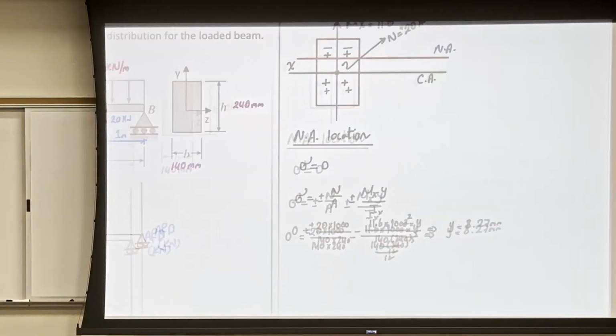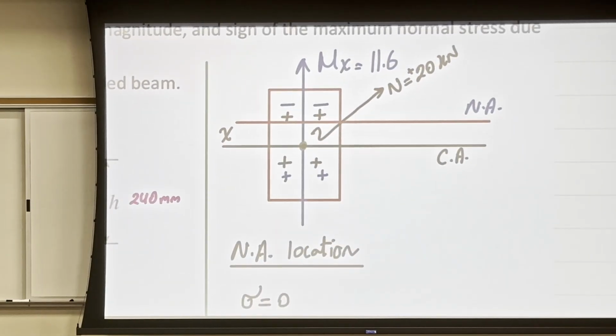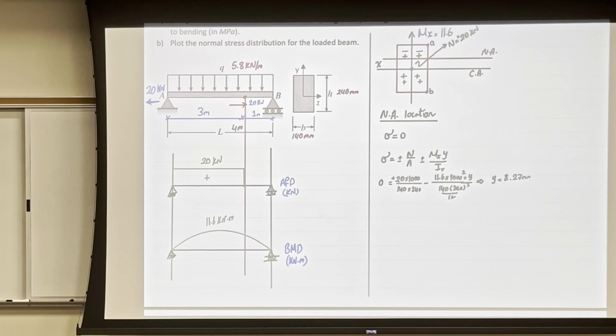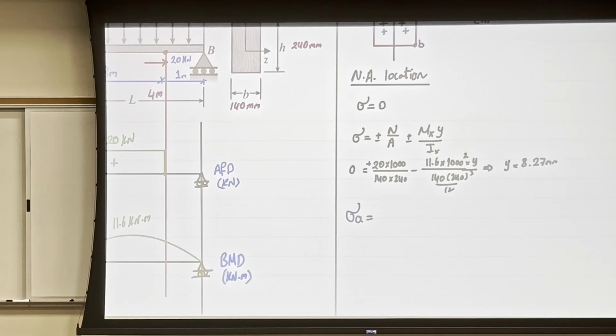So next, when you want to start calculating the stresses, I want you to name points within the cross section. I'm going to name the furthest points, because that's where I do have the maximum stresses. I'll have A, and I'll name this B. So let's start with the stress at A. The stress at A will be equal to N over A plus or minus MxY over Ix.